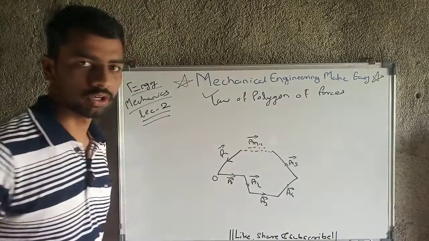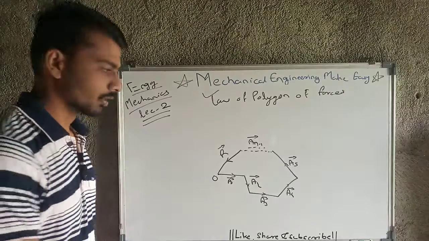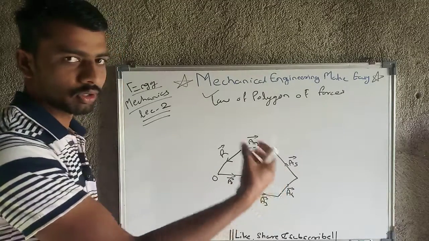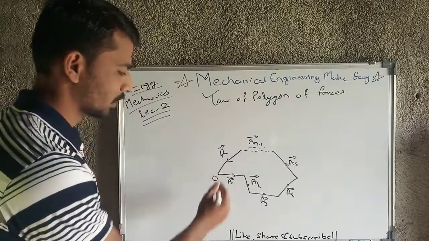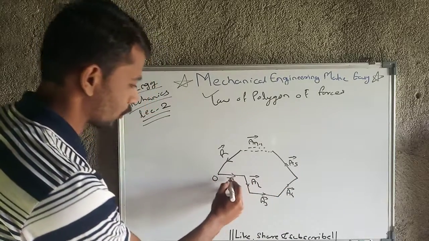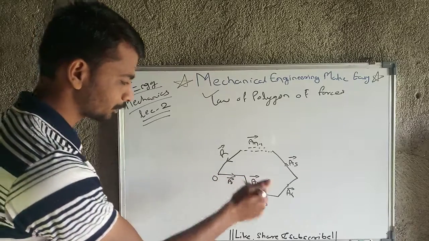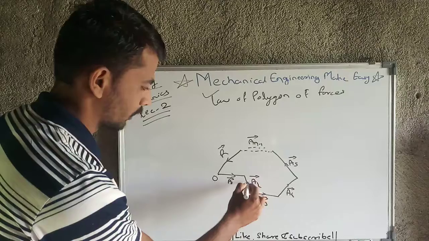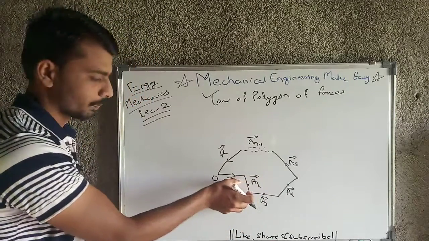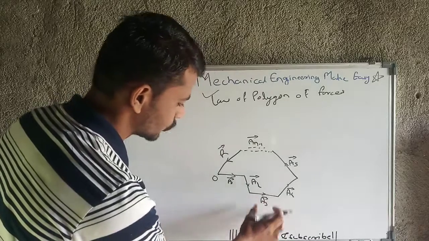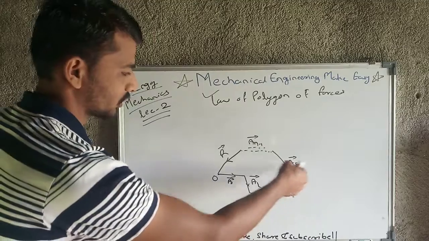What is the law of polygon of forces? Law of polygon of forces means if there are different forces acting on one body or on one point, and we arrange those forces in one sequence, for example this one has 0 degrees and this much magnitude, then a2 bar has, for example, a 45-degree angle and this much magnitude, then a3 again has 0 degrees, a4 has plus 45 degrees, and likewise a5 has some angle.